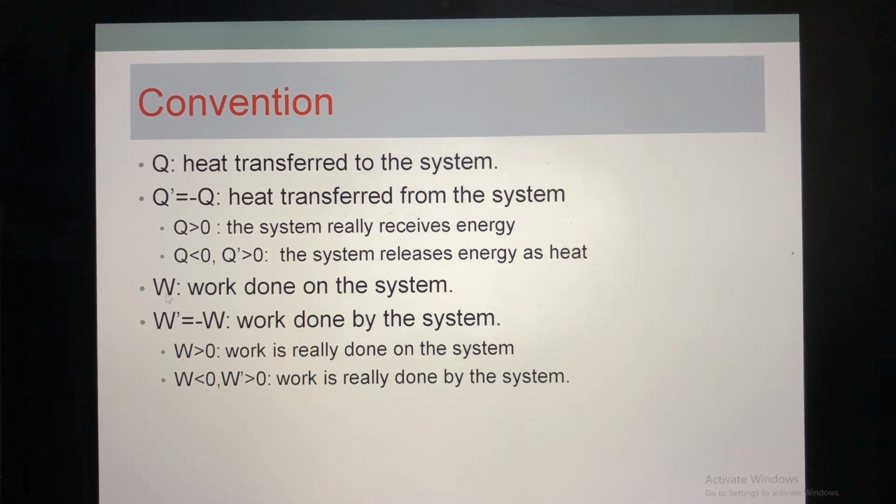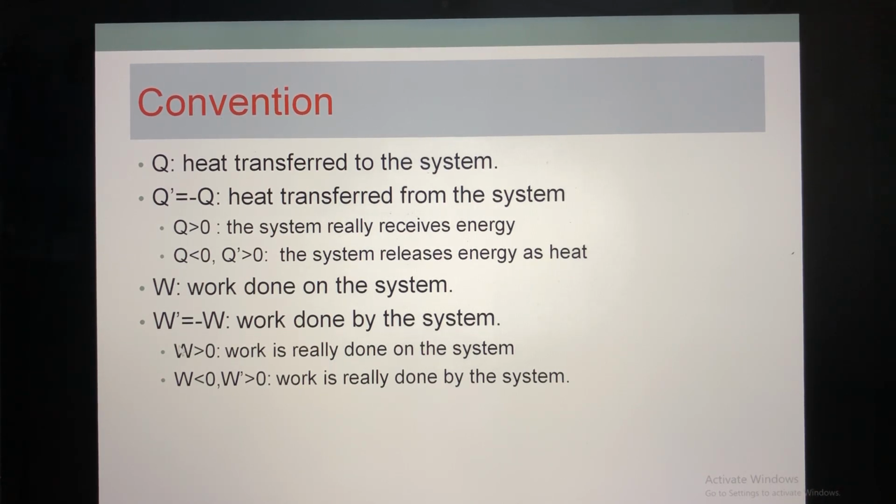Okay, and here if we write W is the work done on the system, that means someone or something outside the system performs the work, and the system receives that work. So we denote W the same as the heat. If we write W prime here, it equals minus W. And remember, if work is done on the system, that means the system receives the work.